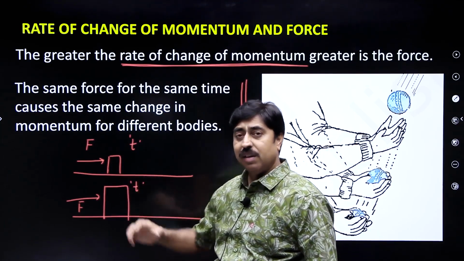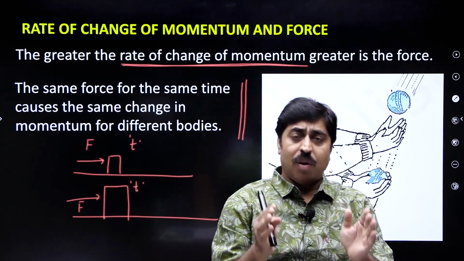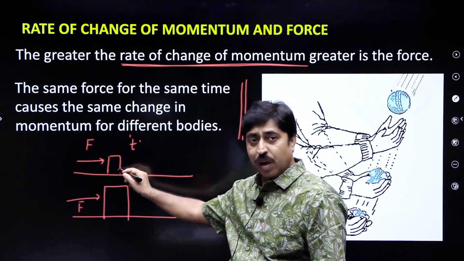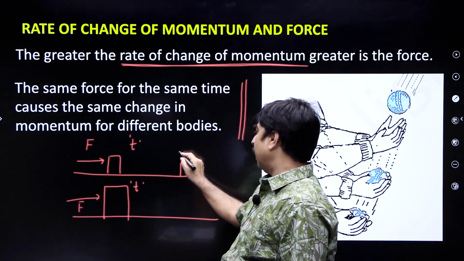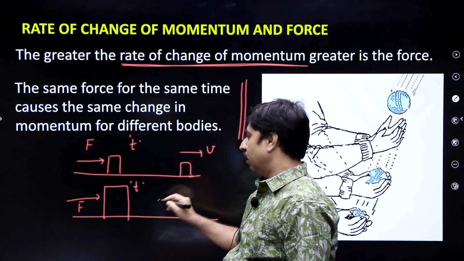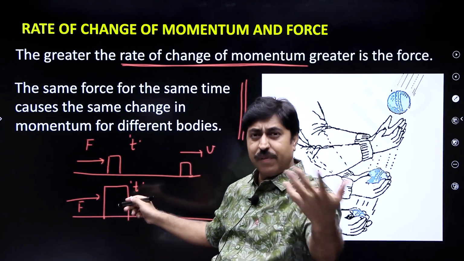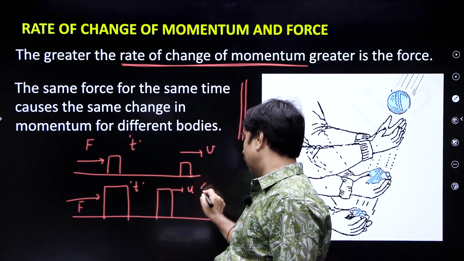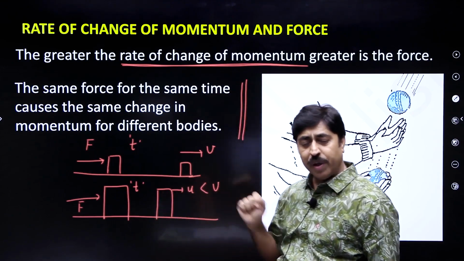I see that the change in momentum of both the blocks is the same. This is the lighter block, so after time t I will find that it is moving at very high speed. This is the heavier block, I will see that it is moving at much lower speed as compared to this block.